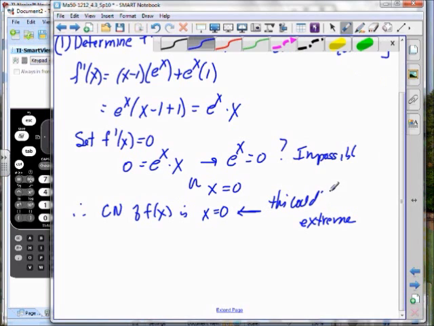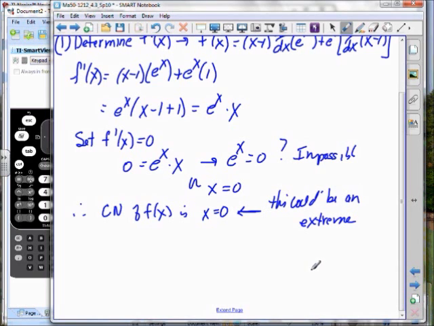This could be an extrema, meaning it could be a maximum or a minimum. We're going to set up what's called a sign chart, by dividing the number line into as many subsets as needed about the critical number.